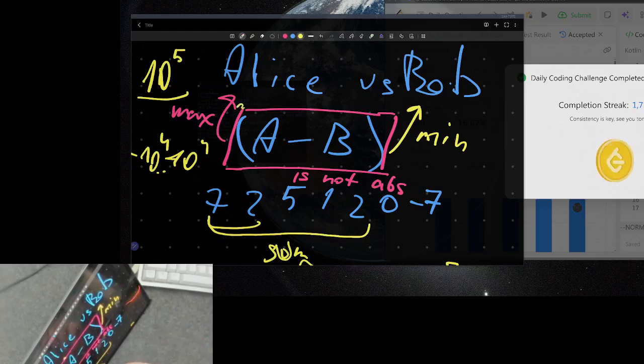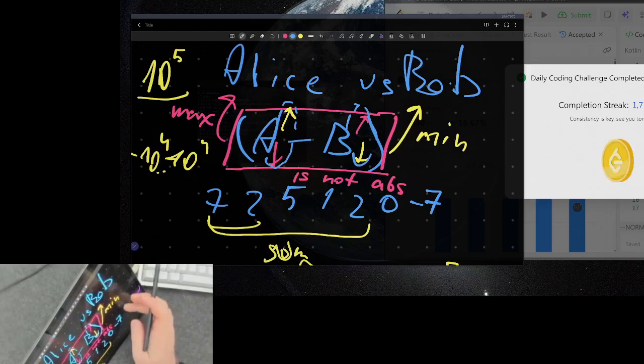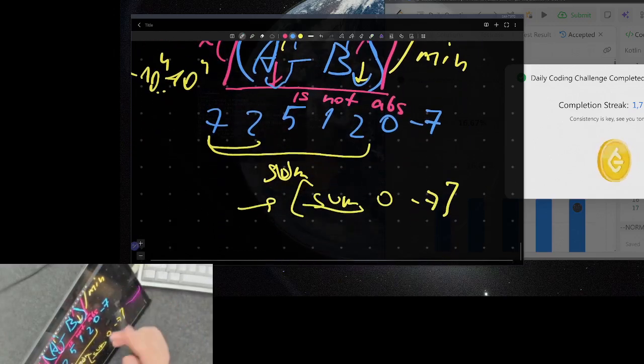And that means if Alice wants to maximize this sum, she wants to maximize her value and minimize Bob's value. And the same for Bob, he wants to minimize this difference, and that means he wants to minimize Alice's value and maximize Bob's value. So basically this is a symmetry between the actions. That makes the DP itself much easier.